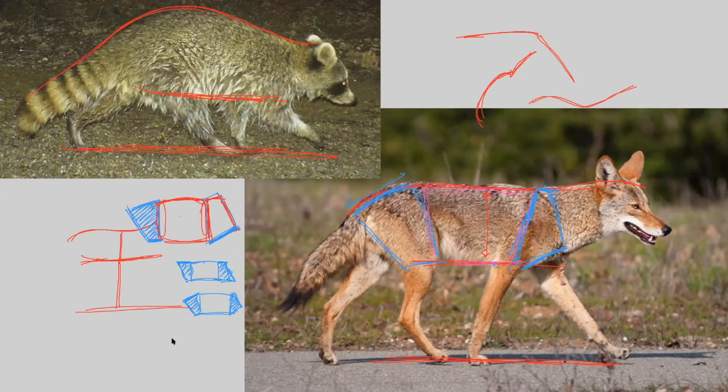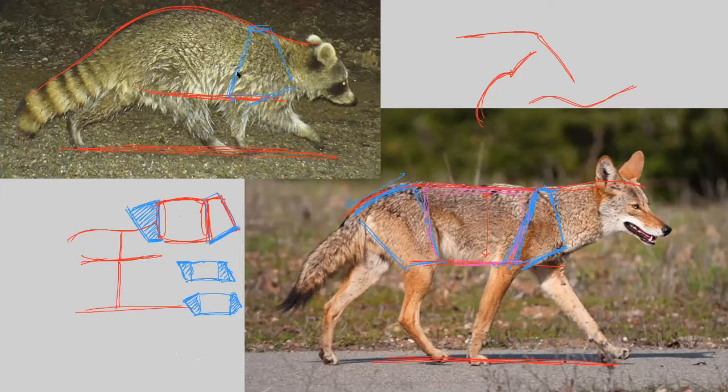Let's put that on the little raccoon there. So for the raccoon, it's got an elbow here. Actually, I'll bring this back to the elbow. So I'm going to take this sort of elbow area here, up in here.